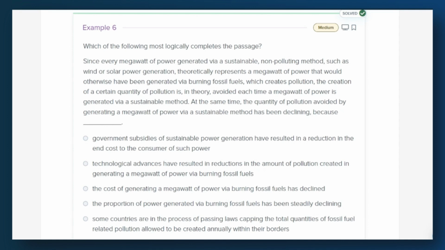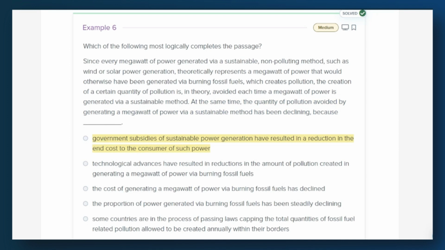So if they used to pollute to the tune of, say, 10 units per megawatt, and these sustainable alternatives pollute to the tune of 0 units per megawatt, but the polluting methods have gotten their pollution generation down to 7 units per megawatt, then the sustainable methods would only be saving 7 units of pollution per megawatt instead of the 10 they used to save. It could be for another reason. Let's look at our choices and see.